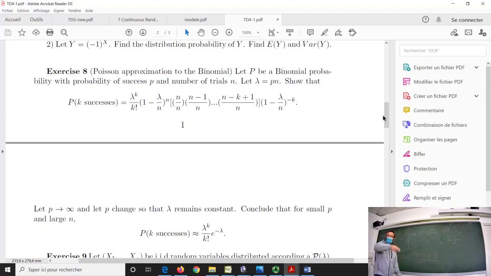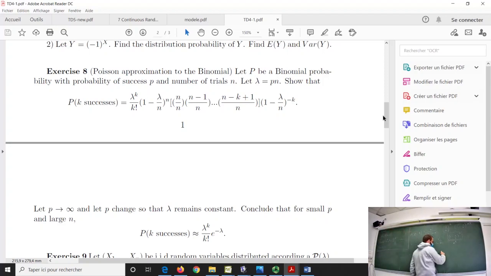It's 1 times 2 times 3 times 4 until n minus k. So I will have a lot of simplifications, in fact. But all these terms here are contained in this product here.